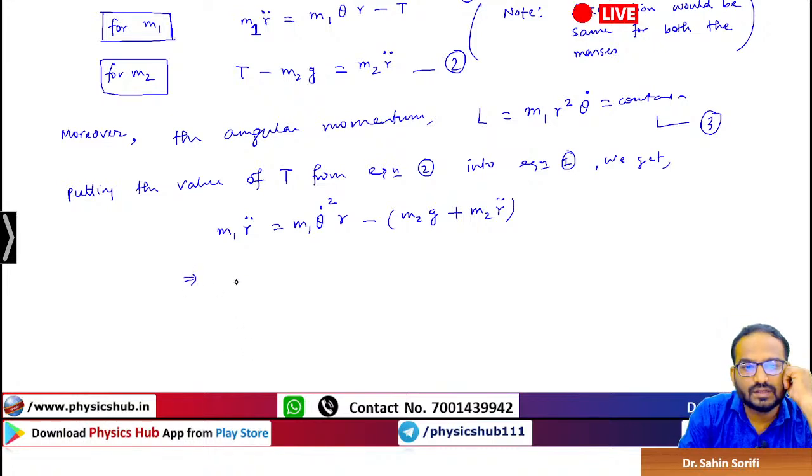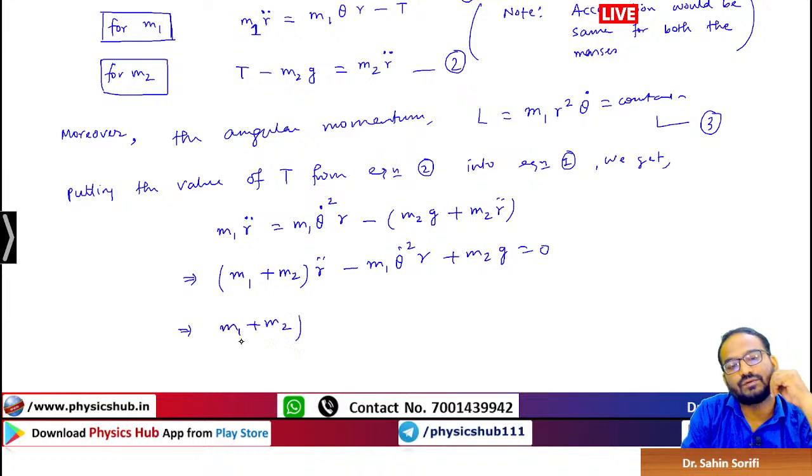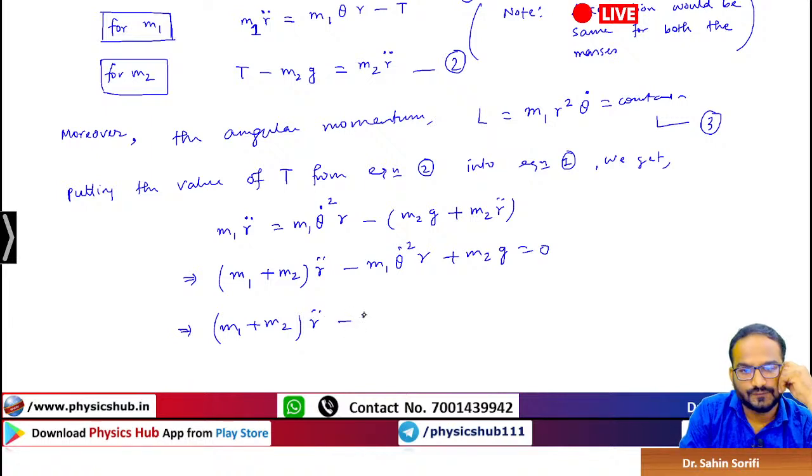Now let's take this r double dot common, so (m1 plus m2) r double dot minus m1 theta dot square r plus m2 g equals 0. That is, (m1 plus m2) r double dot minus m1 r theta dot square.